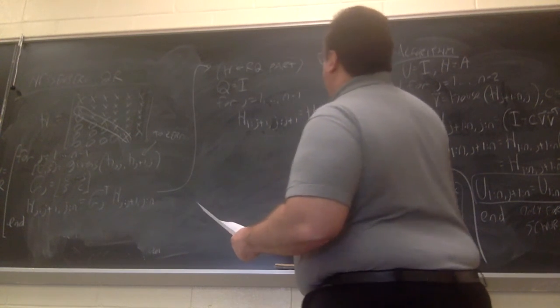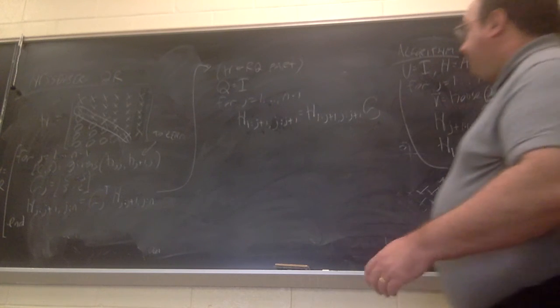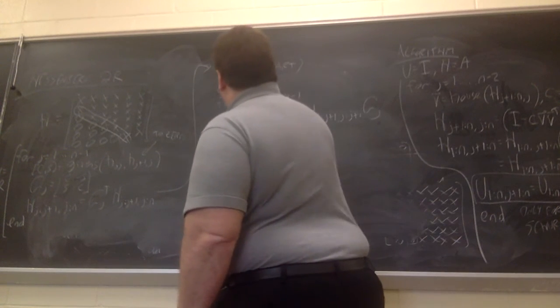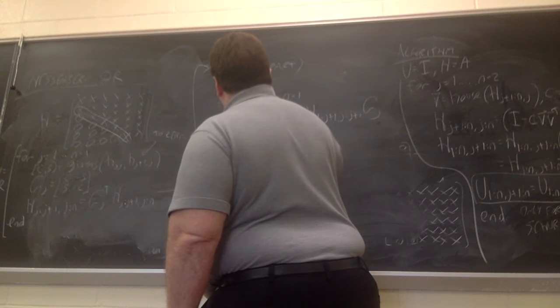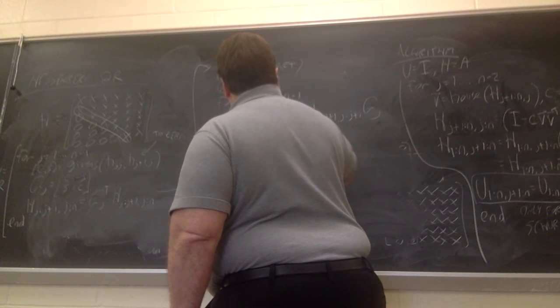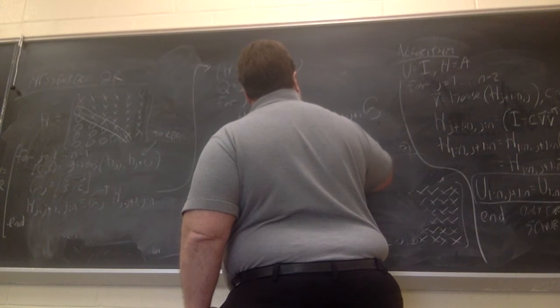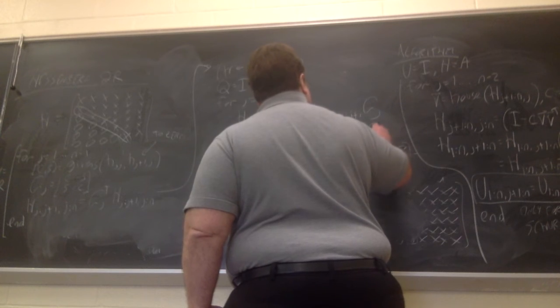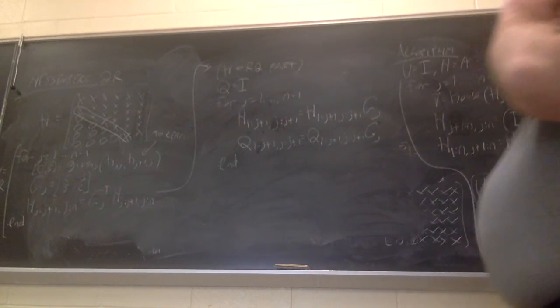So multiplying by the same G_j on the right. And then, if I want to accumulate transformations, I do the same thing on Q. That's it.